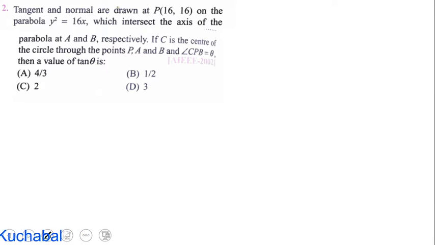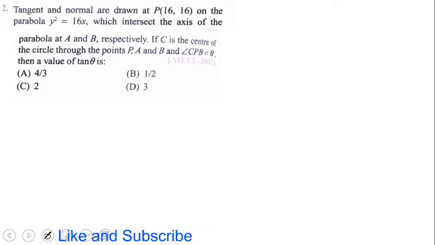Tangent and normal are drawn at P(16, 16) on the parabola y² = 16x, which intersect the axis of the parabola at A and B respectively.